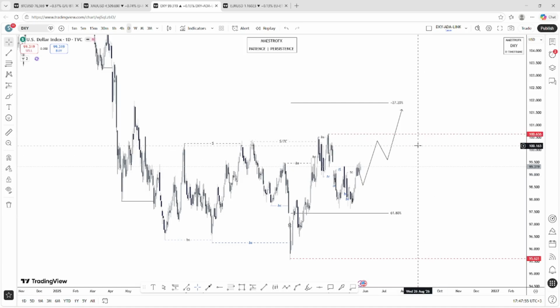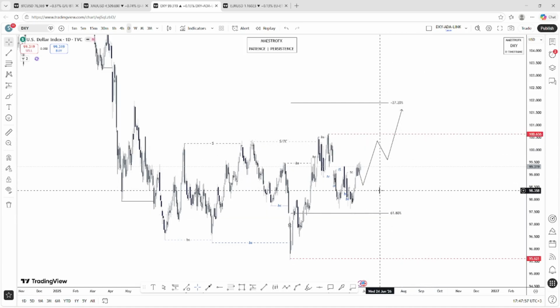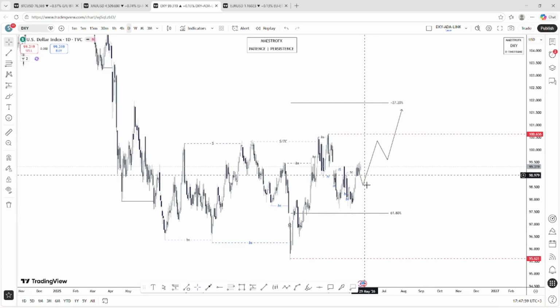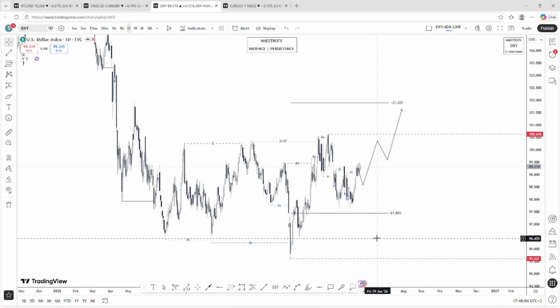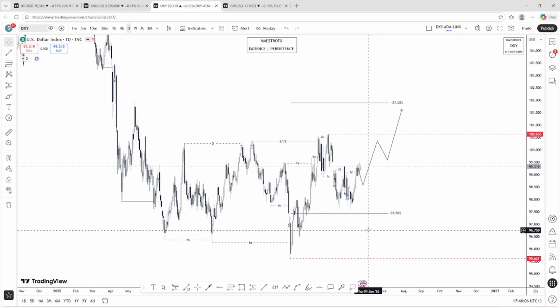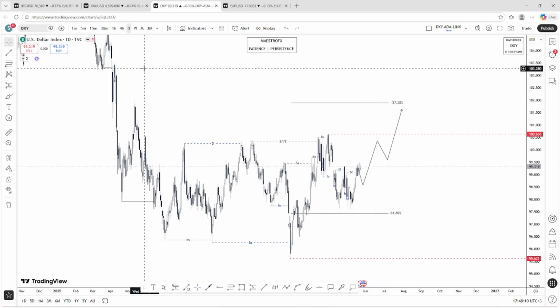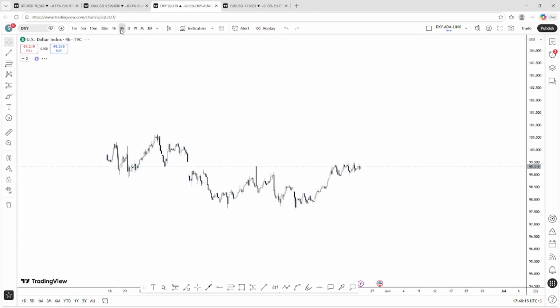That is my upside target. Probably we can still have a correction deeper to 61.8 or 70, but that is very unlikely to happen, so I'm inclined to the upside. For you to get a clear picture, we have to go to the lower time frame.